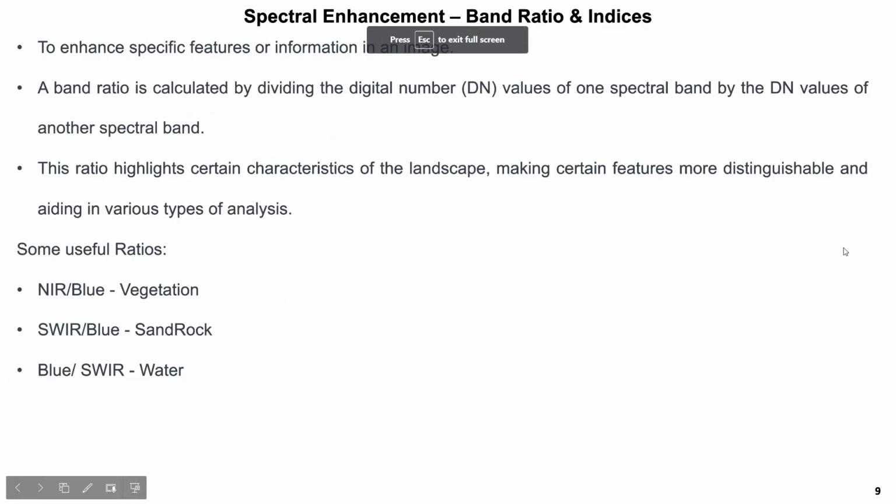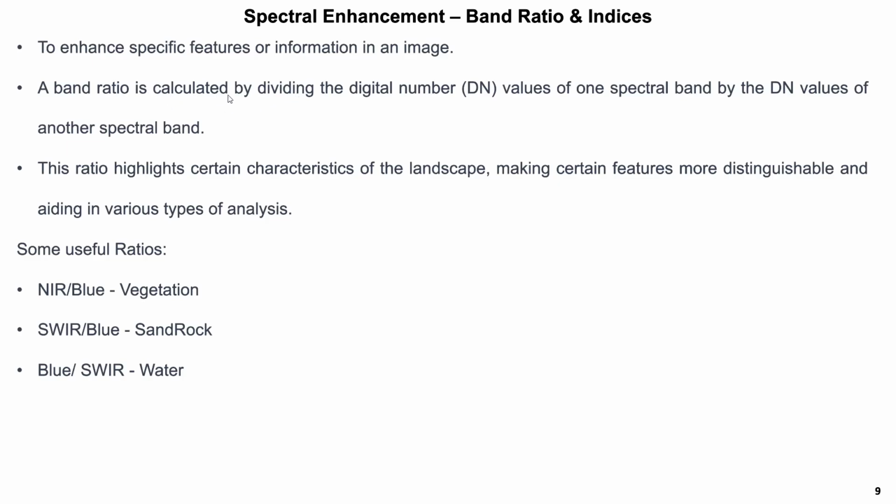So the next part is spectral enhancement, that is the band ratio and different indices. Here we will make use of band arithmetic or band ratio and several indices to enhance the information that is represented by the DN values.